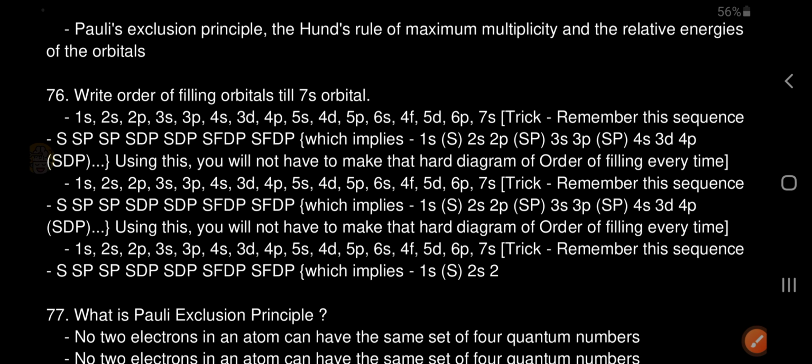Using this, you will not have to make the hard diagram of the order of filling every time.